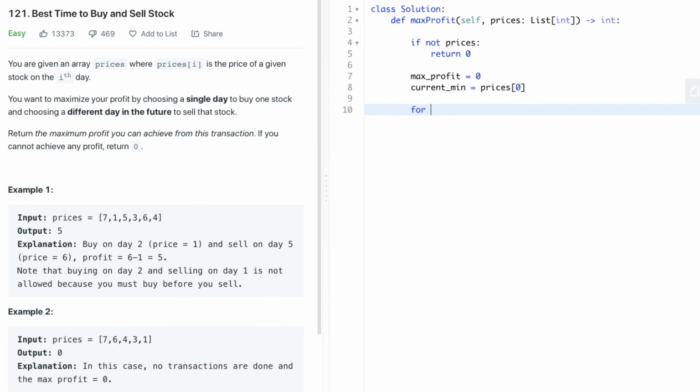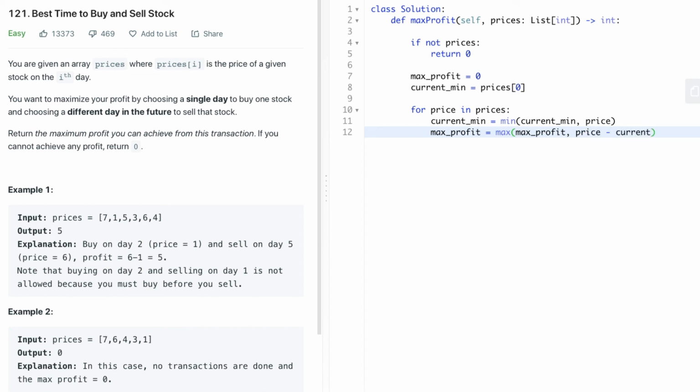Iterate over the list. Update current min. Update our profit. Then we can just return the max profit.